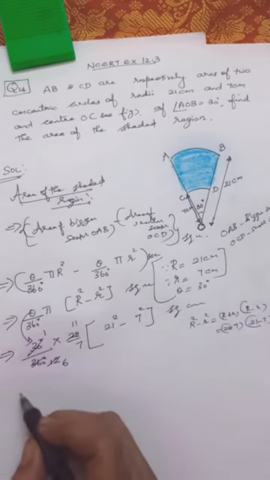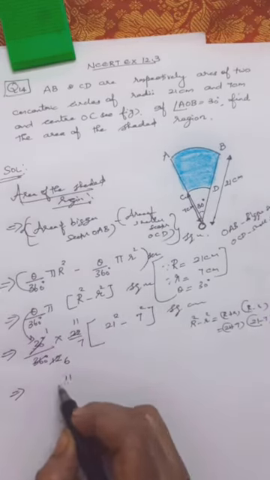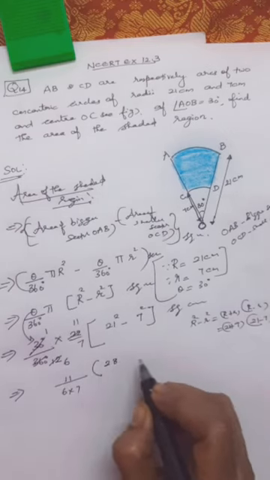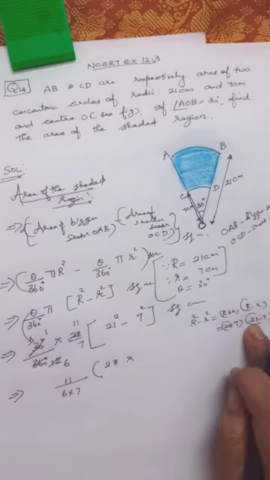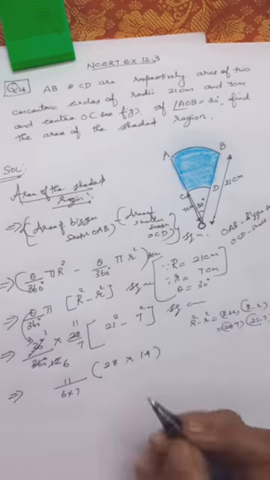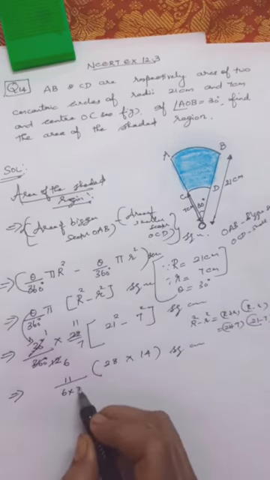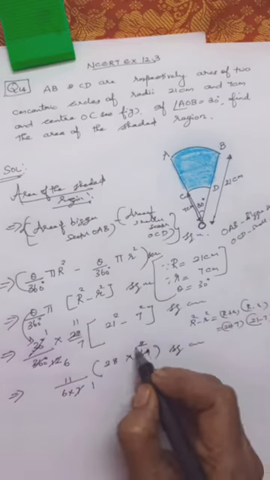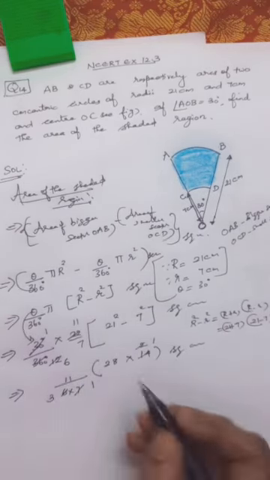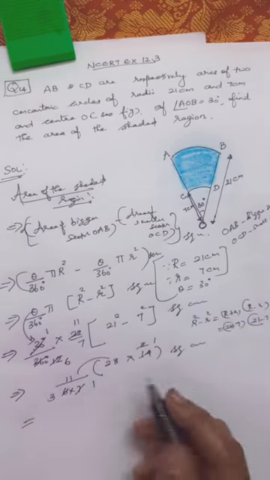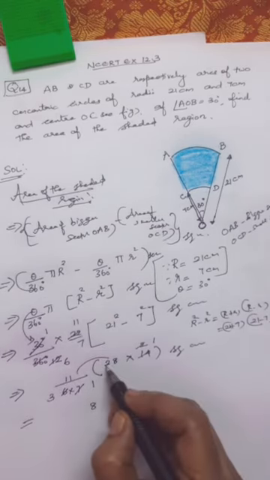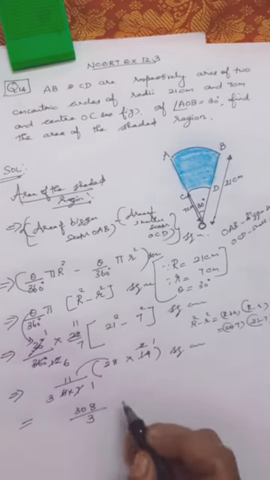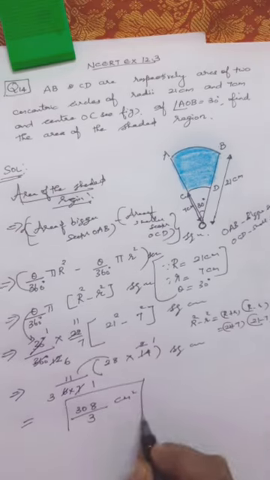So that implies 11 into 6 into 7, 21 plus 7 is 28, 21 minus 7 is 14 square centimeter. 7 ones are 7, 2s are 2, 2 ones are 2, 3s are 3. So in the numerator 28 into 11, 8 11s are 88, 8 carry, 2 11s are 22 plus 8, 30, 308 by 3 centimeter square.